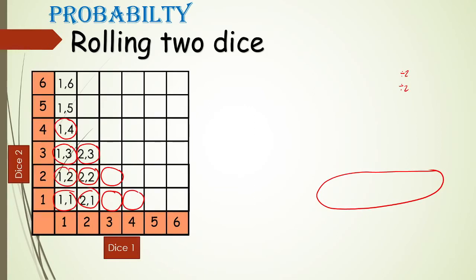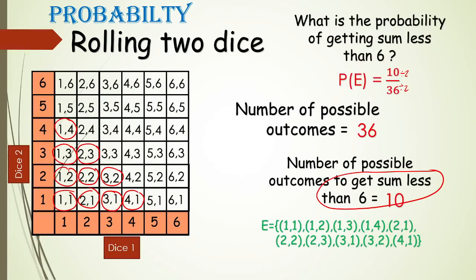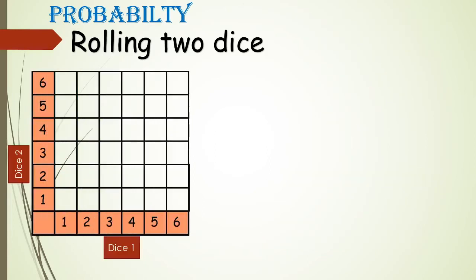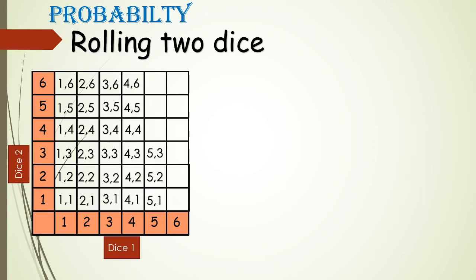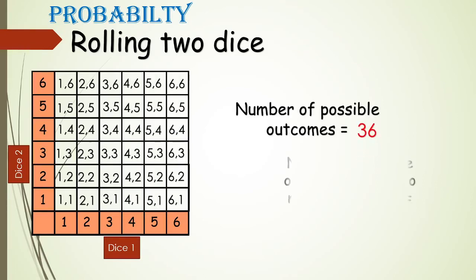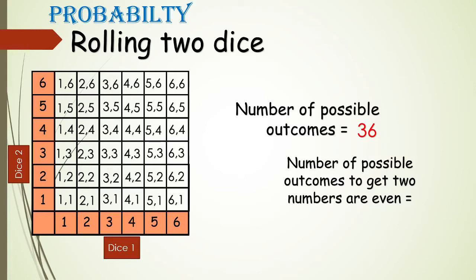We are done with this already. Let's just make this fast. Okay, there you go. Still rolling 2 dice, but this is now my scenario. So we still have 36 outcomes this time. Getting 2 numbers that are even. Where are the 2 numbers that are even? You tell me, I will encircle. 2, 2, correct.